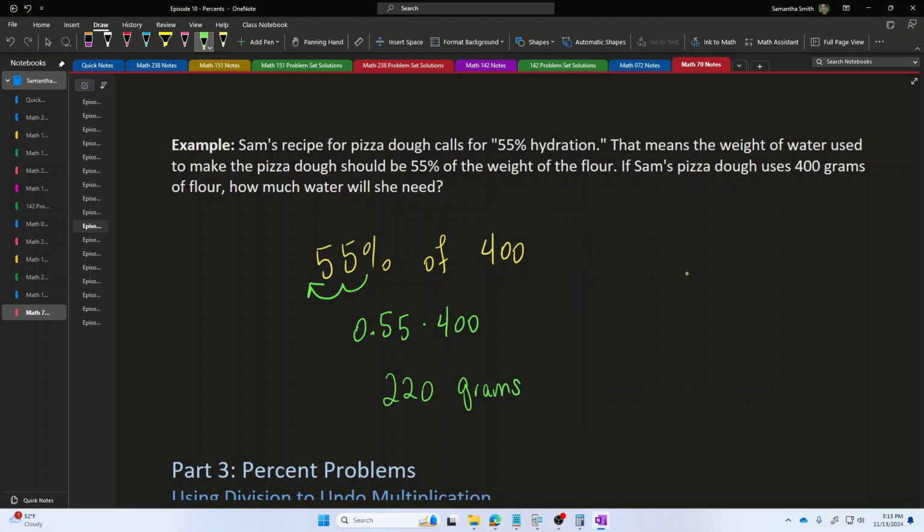And yes, this is the amount of water that I put in my pizza dough when I make it every single weekend for me and my family. 400 grams of flour, and then I measure out on a food scale 220 grams of water. And this is the foundation of Sam's personal pizza dough recipe. This is for real.